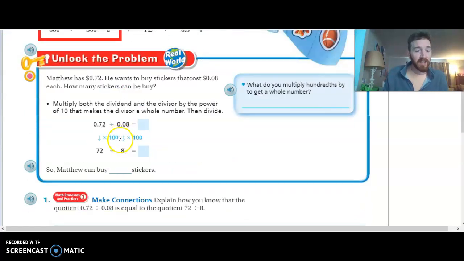Okay, so what they have here is they have 72 hundredths. If we take that times 100, again, thinking about how we can use our knowledge of how those decimals work, and then we do 8 hundredths times 100. Let's talk about that part. If I have 0 and 8 hundredths, and I'm going to multiply that by 100.